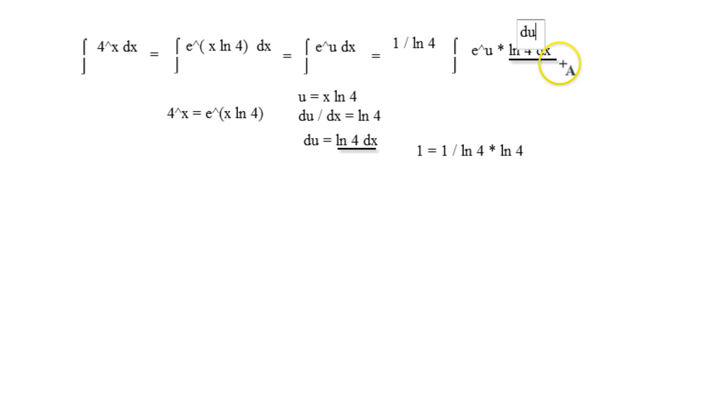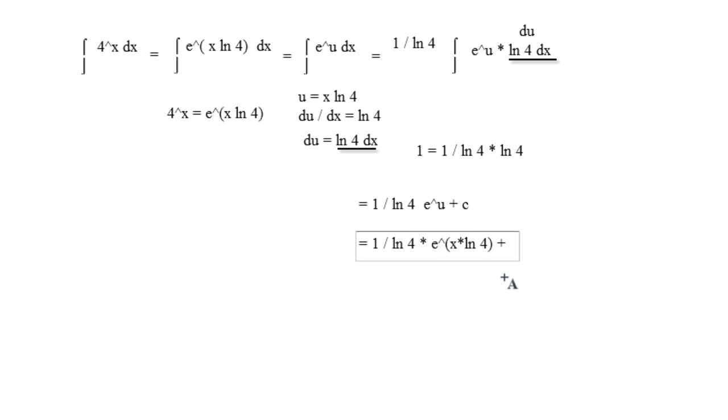Now that we've replaced that with du, I can do my integral, and I still have 1 over the natural log of 4. The integral of e to the u is e to the u plus c, which is pretty simple. So I replace: 1 divided by the natural log of 4 times e to the x times the natural log of 4, plus c.